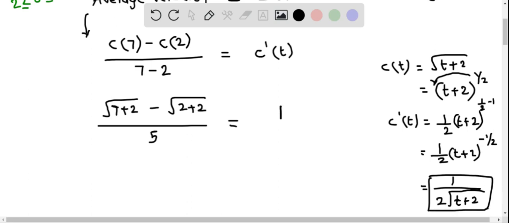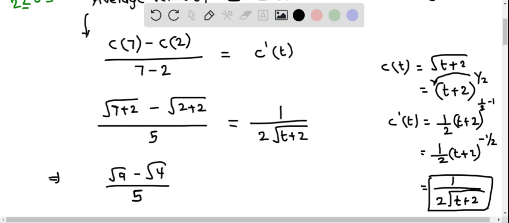So I'm going to copy that over here. So I write down 1 over 2 times the square root of t plus 2. Now let's evaluate this. So here we have 7 plus 2 is the square root of 9, minus the square root of 2 plus 2, which is the square root of 4, and this divided by 5, and this equals 1 divided by 2 times the square root of t plus 2.